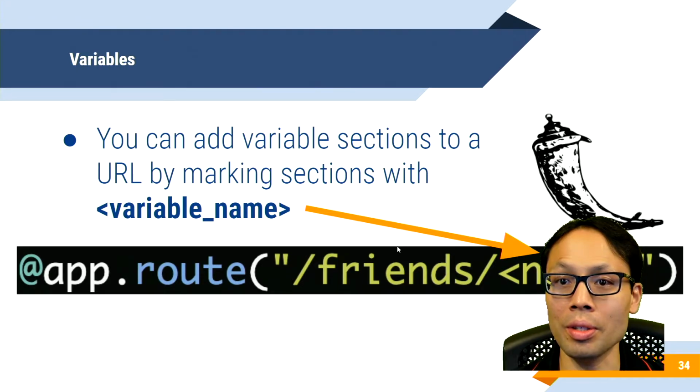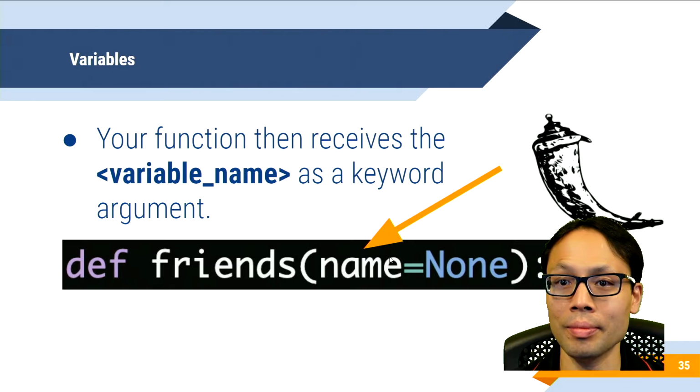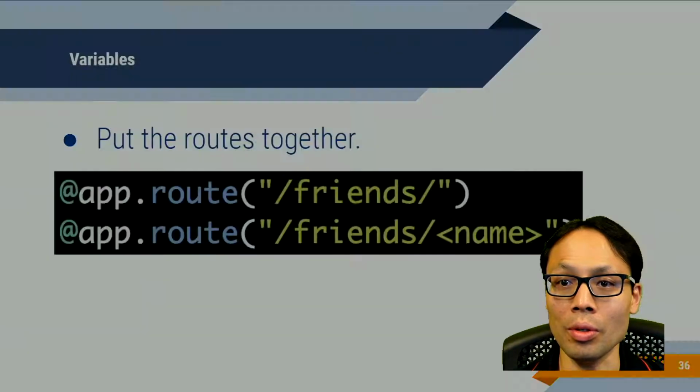Now you'll also notice that we have a variable that we're creating, and that's going within a bracket over here. So within the bracket there, we're adding a variable to our route friends. So again, your function is going to receive this variable, in this case name, and that's our keyword argument.